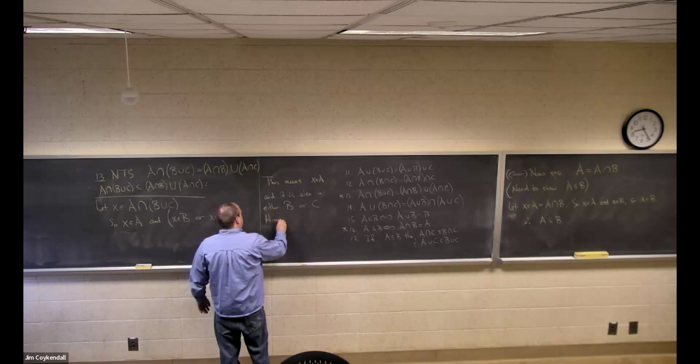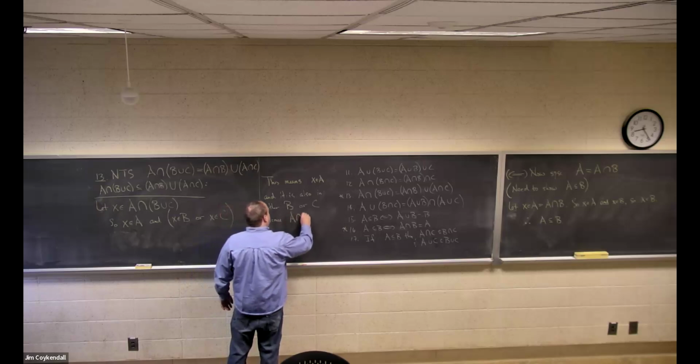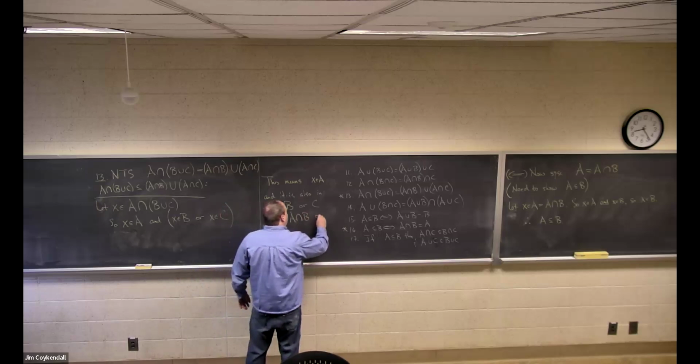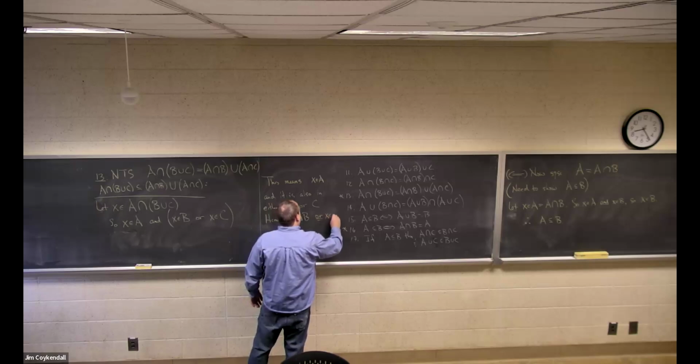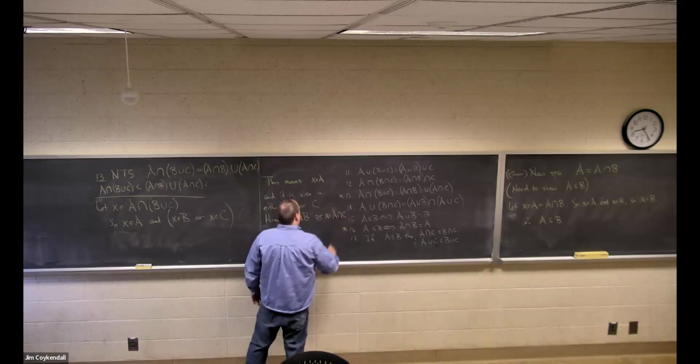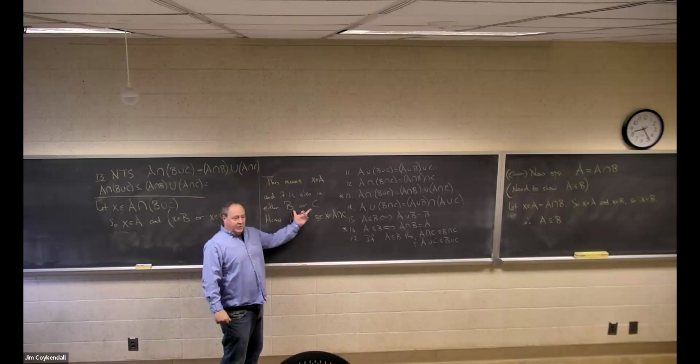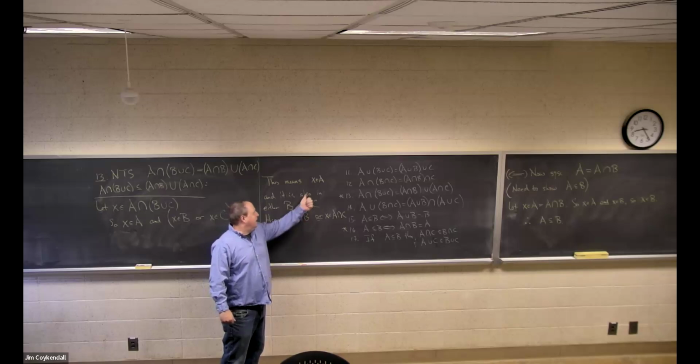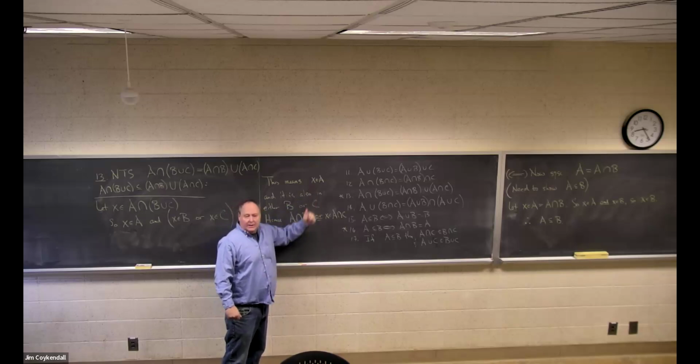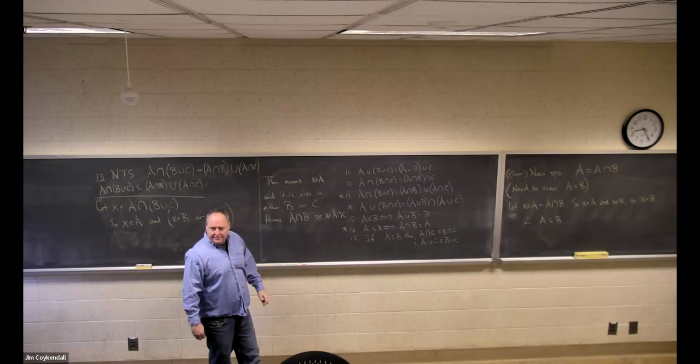Hence, X is in both A and B, or X is in both A and C. Because we've established that X has to live in one of these two places, and in either case, it has to live in A. So it's either living in B and A, or it's living in C and A. Everybody agree with that?